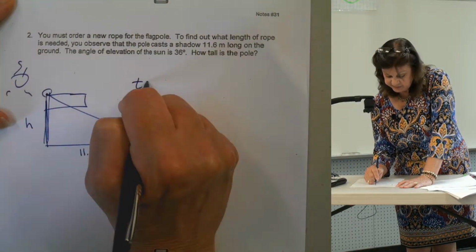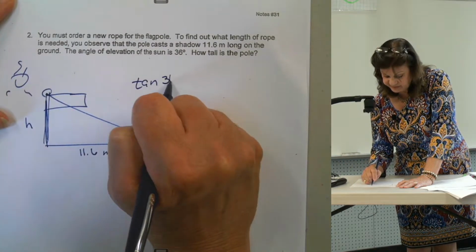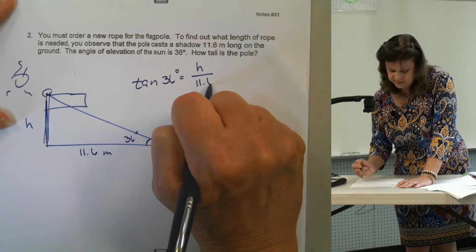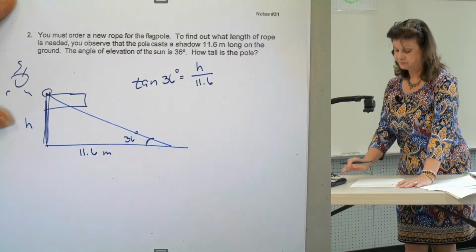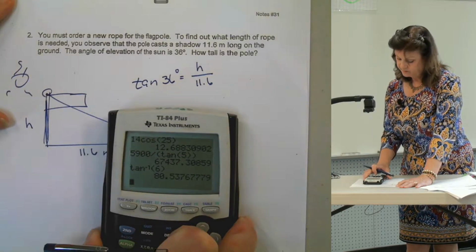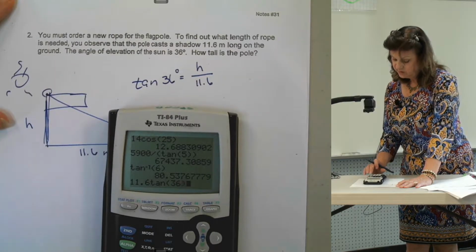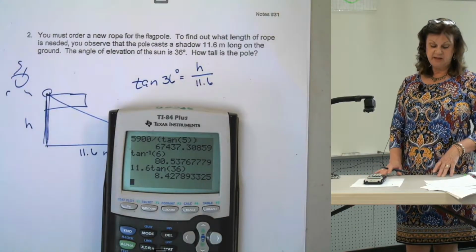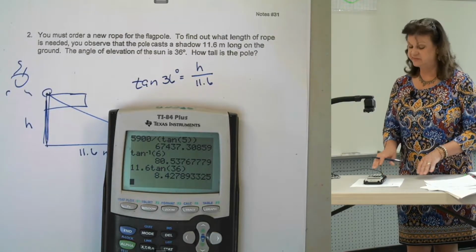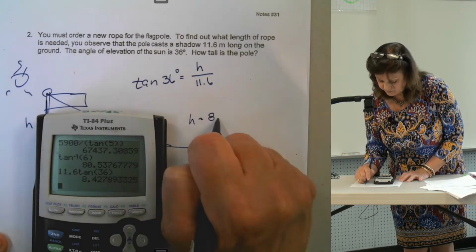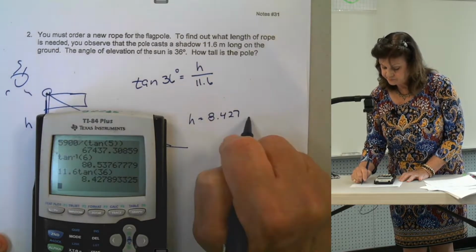So the tangent of 36 degrees is going to be the length of the rope divided by 11.6. So the length of the rope needs to be 8.427 meters long.